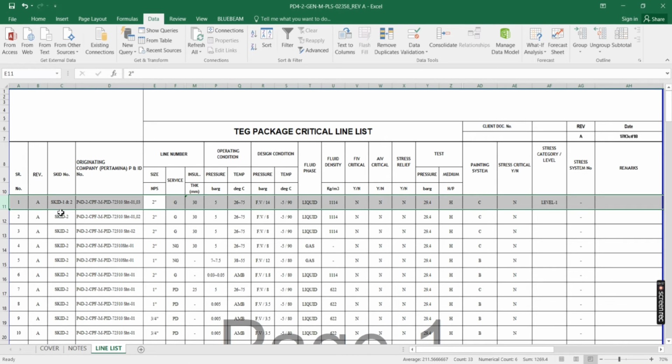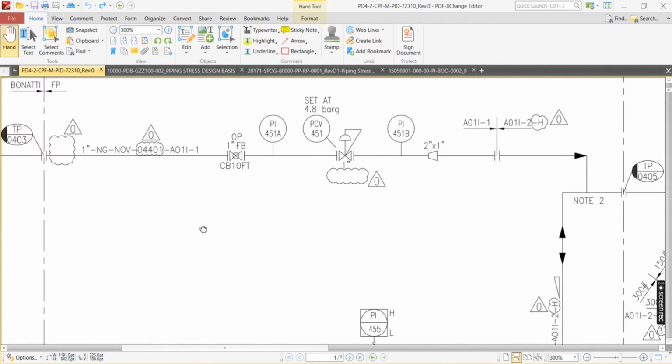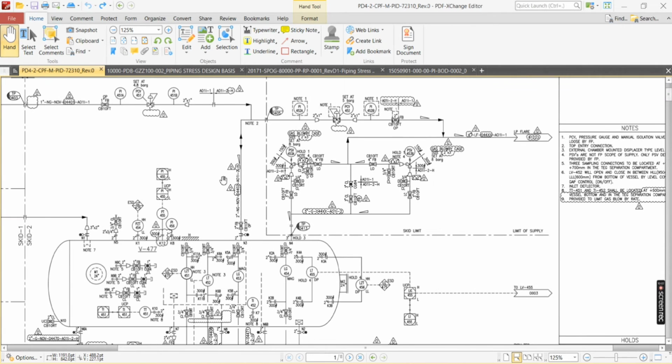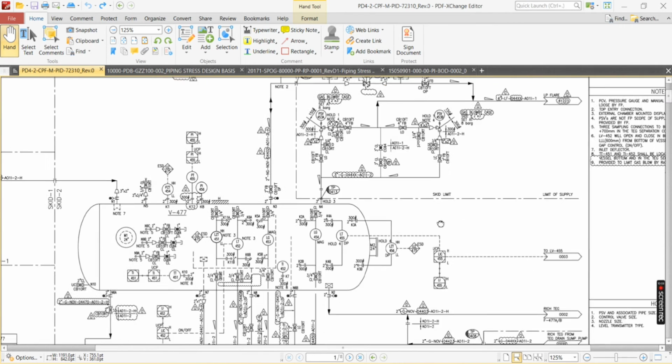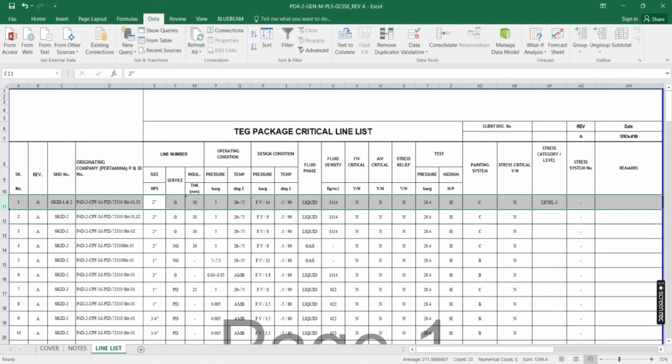What is this line number? 2-inch G 3050. First you have to take any P&ID and look at it line by line.